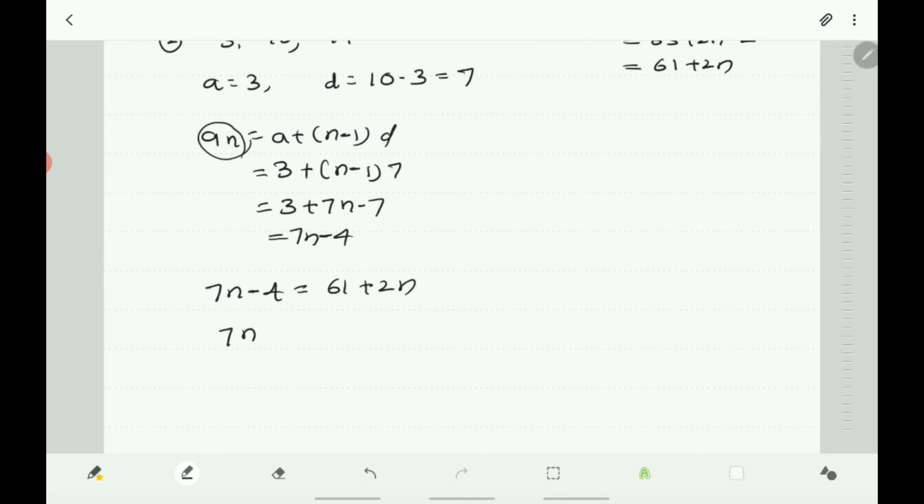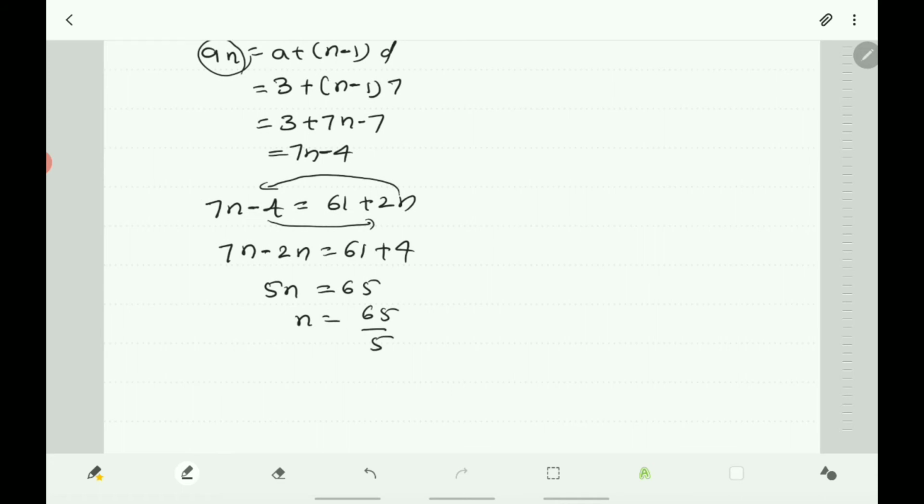Then transfer this 2n to the LHS and minus 4 to the RHS. So it becomes 7n minus 2n is equal to 61 plus 4. 7n minus 2n is 5n is equal to 65. n is equal to 65 by 5. Then n is equal to 13.